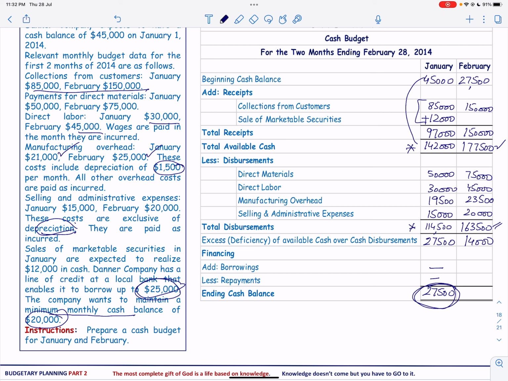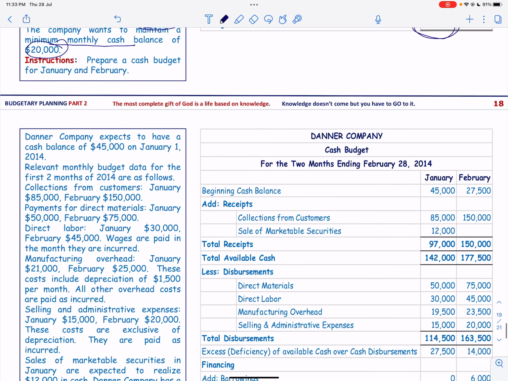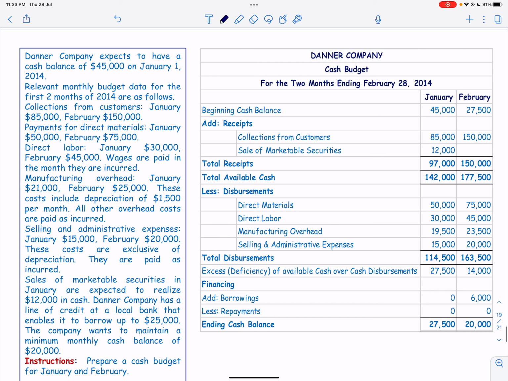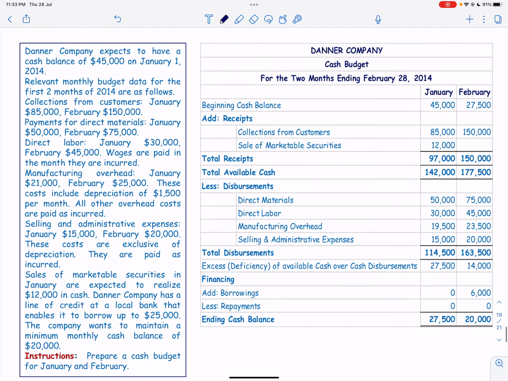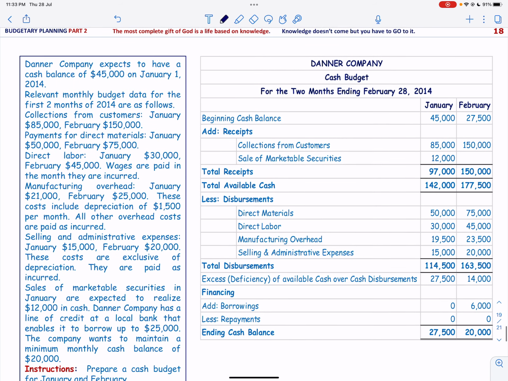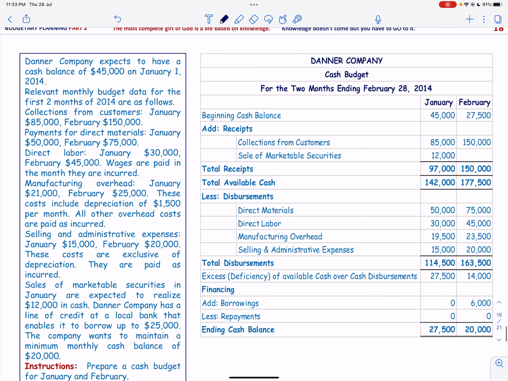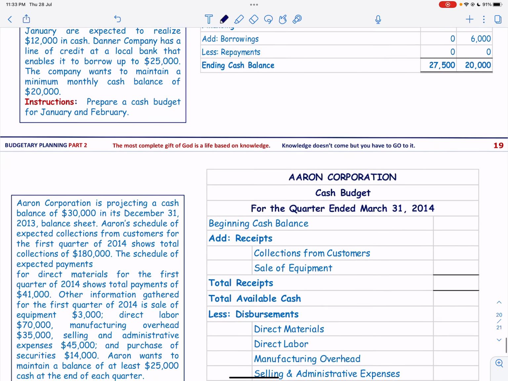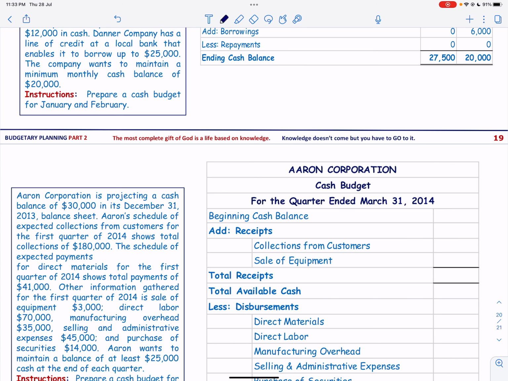Now since we need a balance of 20,000, that means we are going to borrow the balancing figure of 6,000. There will be no repayments, and now you can see the ending cash balance is 20,000. Once again, I have put this calculation in the Excel sheet, and if you find it difficult to read my handwriting. Let us look into one more exercise.